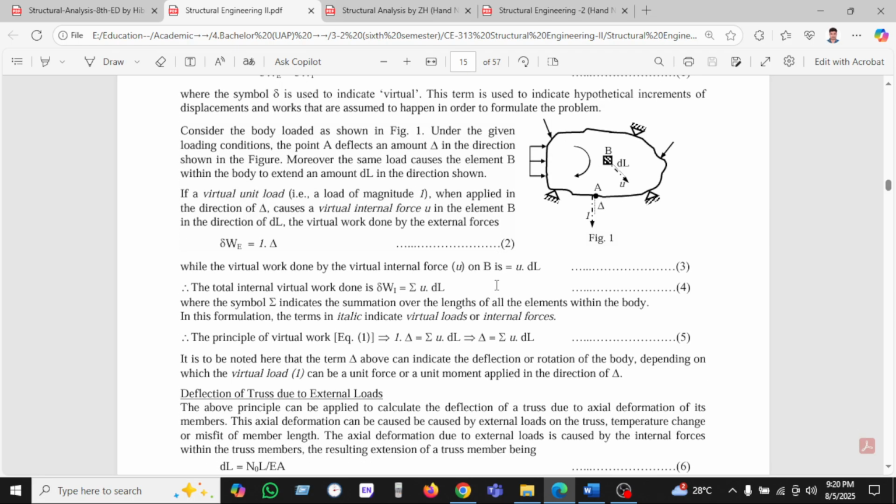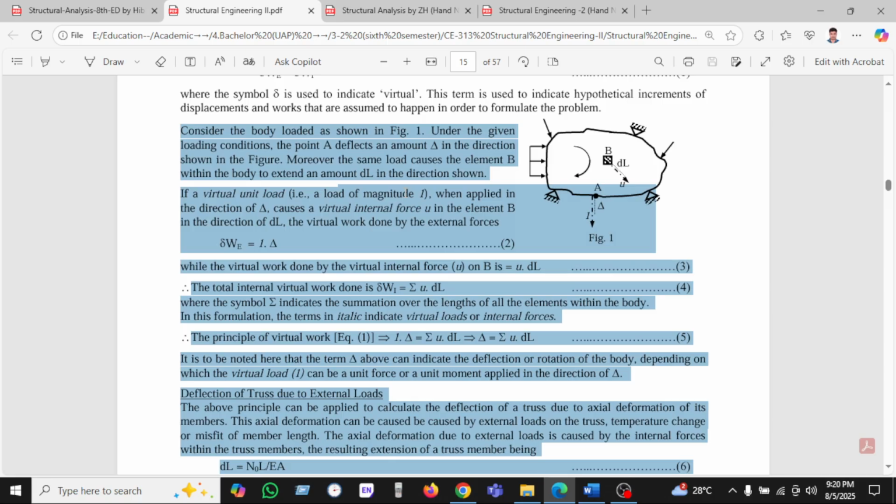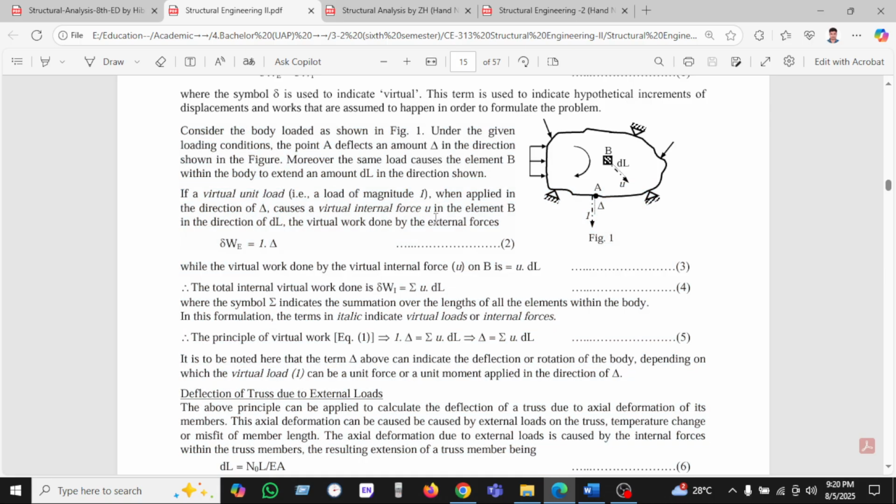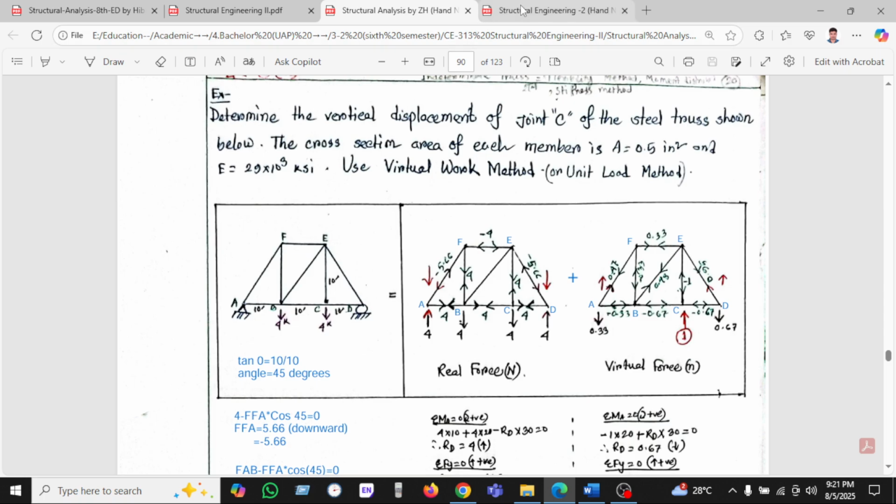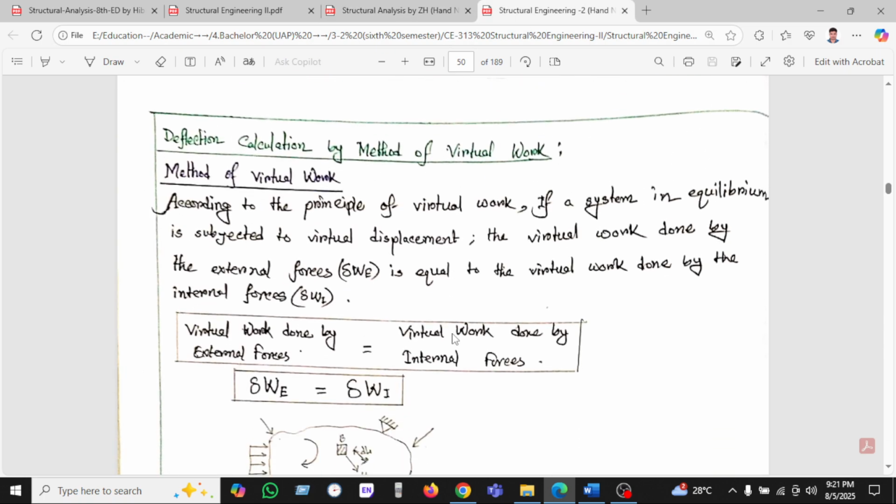Here for the virtual load, the load magnitude is 1 when the applied load in the direction of delta causes the virtual internal force u in element, in the direction of dL, and the virtual work done by the external forces is sigma of 1 into delta.